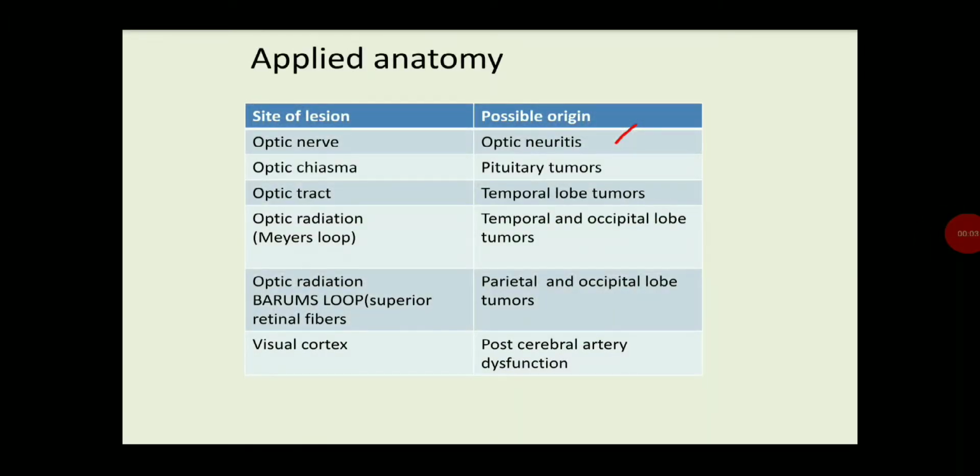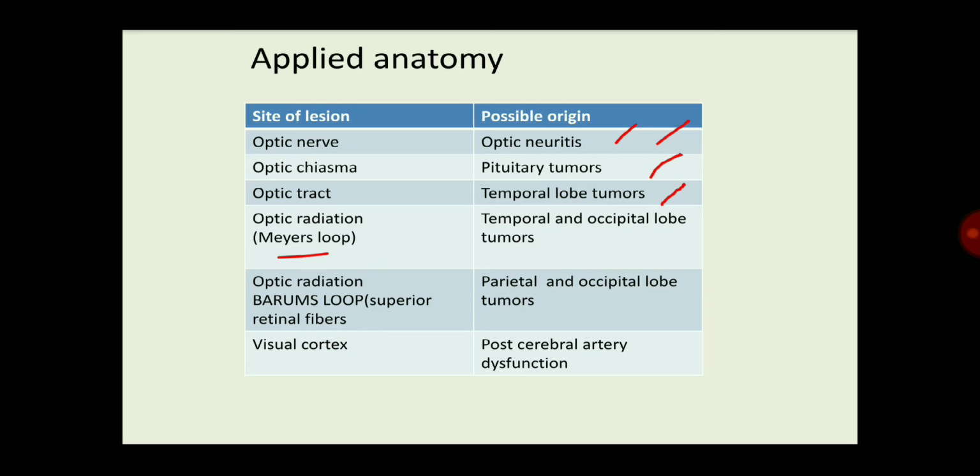Now this is the chart showing the various possible causes of injury at the various sites which you have seen. As I have told you, the optic nerve can be damaged due to optic neuritis, and the optic chiasma usually due to pituitary tumor. The optic tract may be damaged due to a temporal lobe tumor.